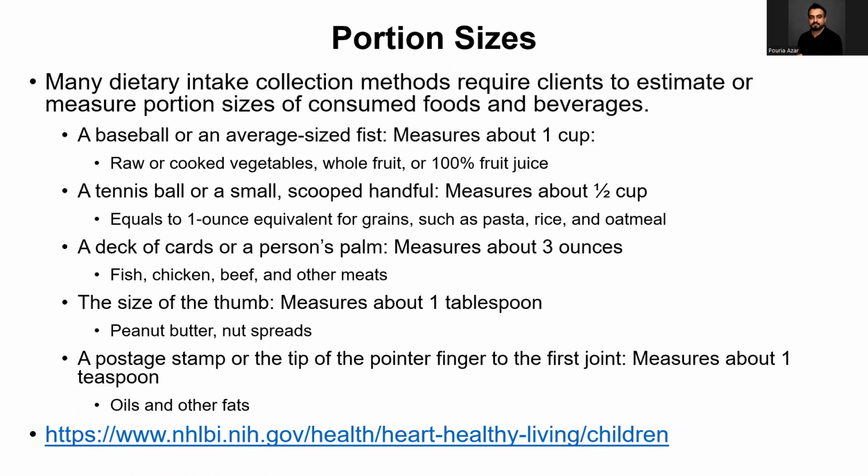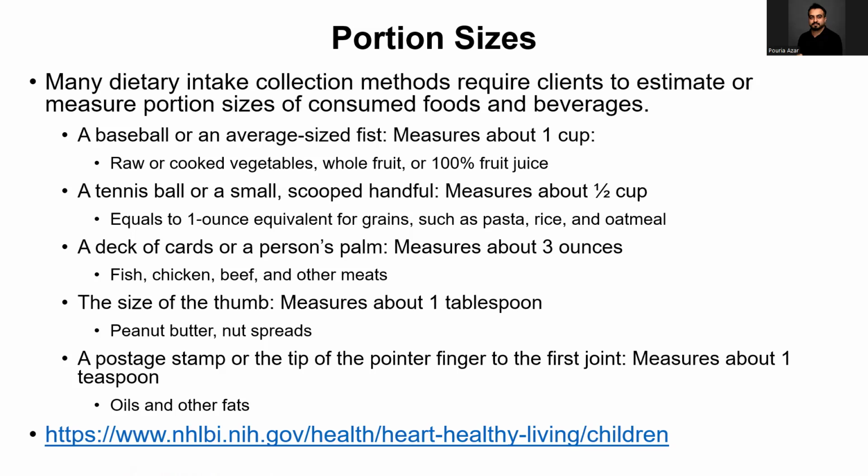Many dietary intake collection methods require clients to estimate or measure portion sizes. So we can have a sheet of these portion sizes and estimates, and we can ask clients these.